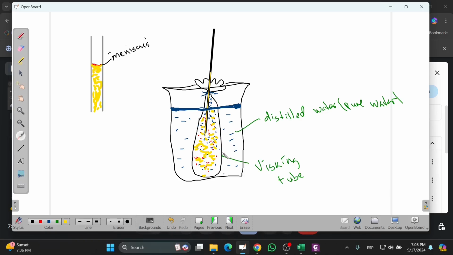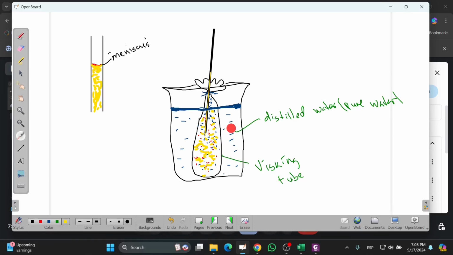Considering that the Visking tube is porous, with very tiny pores, one possibility is that the water outside will turn sweet, meaning that some sugar came out of the Visking tube into the surrounding water, making the surrounding water not pure anymore, but kind of sweet a little bit.